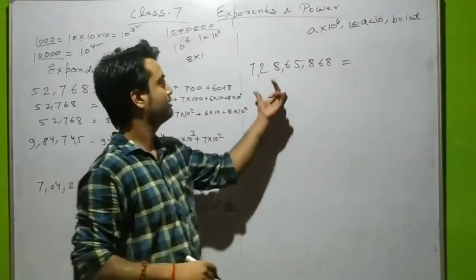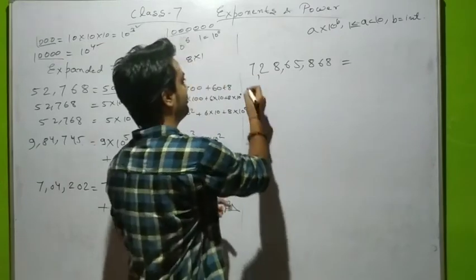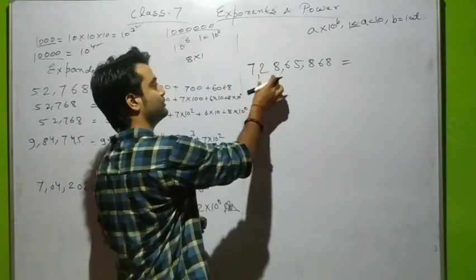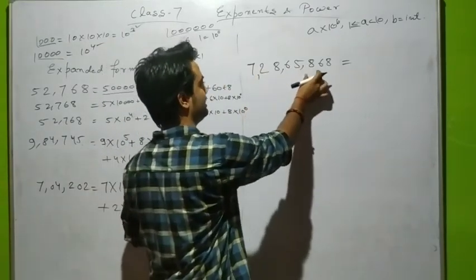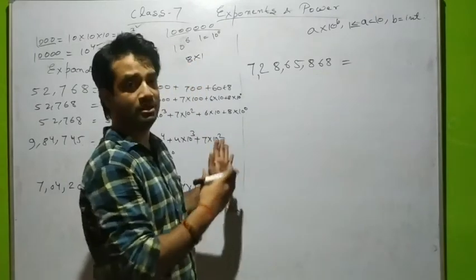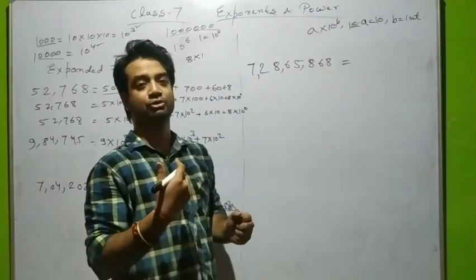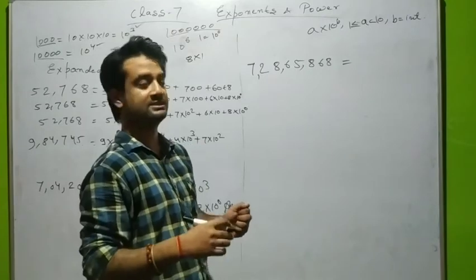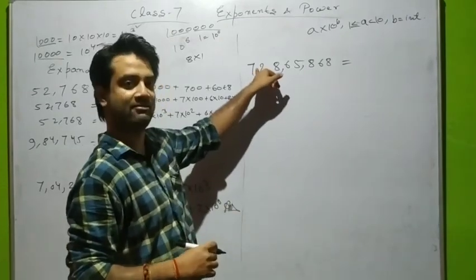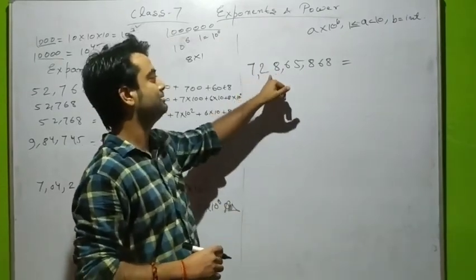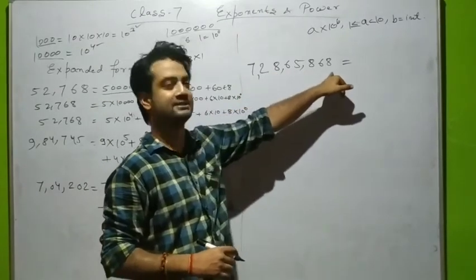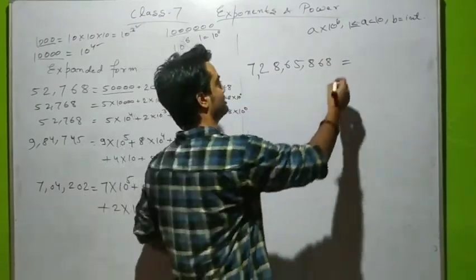So for making 7,28,65,868 between 1 and 10, where do we introduce the decimal? Exactly, just after 7. So it will become 7.2865868.